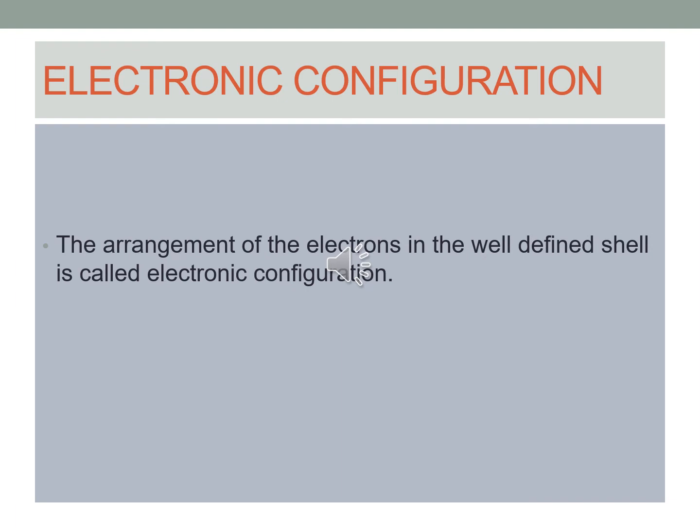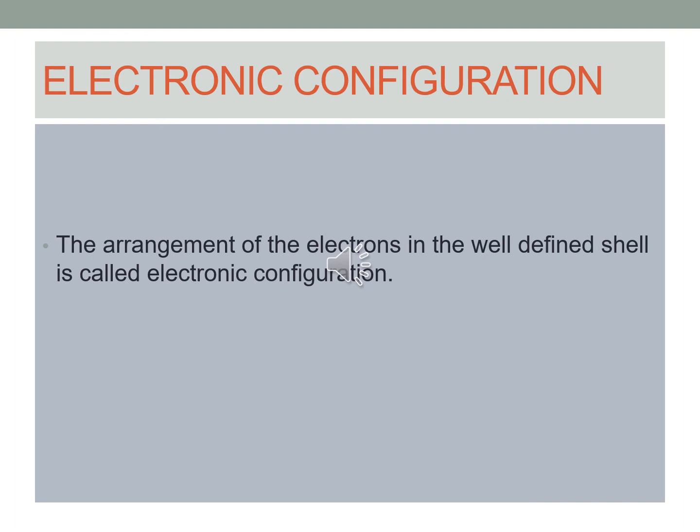In figure 4.3, the outermost shell is the L shell. That is called the valence shell. The number of electrons present in the valence shell are called valence electrons.